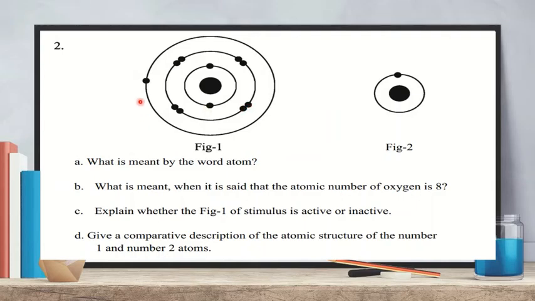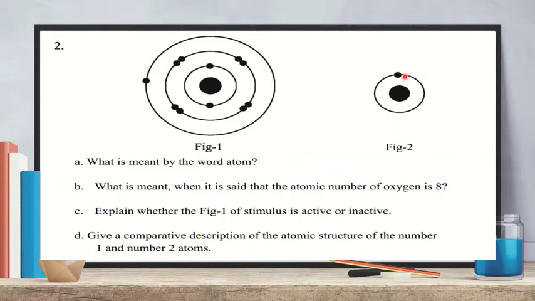Sodium atom has 1 electron on its outer shell. Hydrogen atom also has 1 electron on its outermost shell. Sodium wants to release this electron, and after releasing the electron, sodium will become a cation, sodium plus ion, Na plus ion.